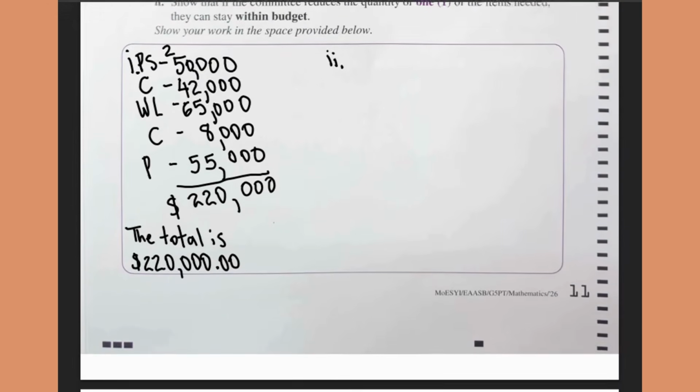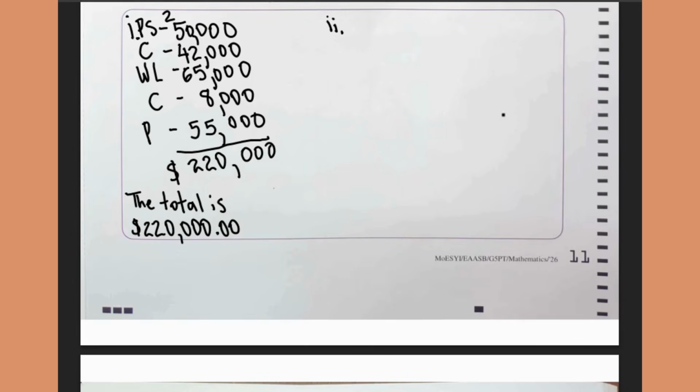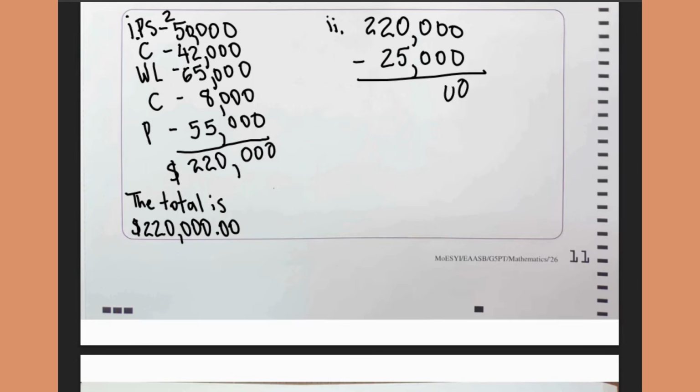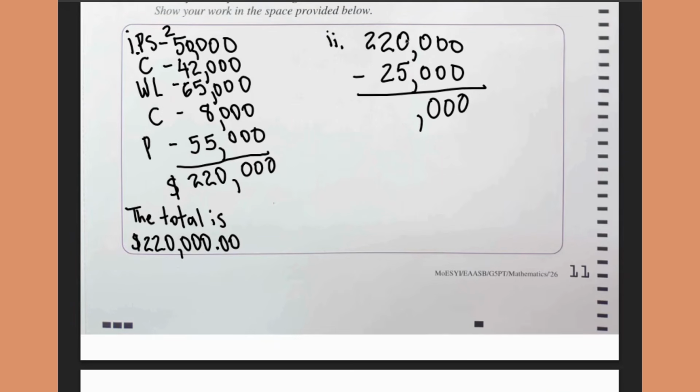So if we take off one pedestrian sign, we're going to be left with 220,000 subtract 25,000. Zeros, take away zeros, we have zeros left. 5 from 0, we're unable to do that, so we're going to rename. 1 is left, and we bring over a group of 10. 5 from 10, that's 5.